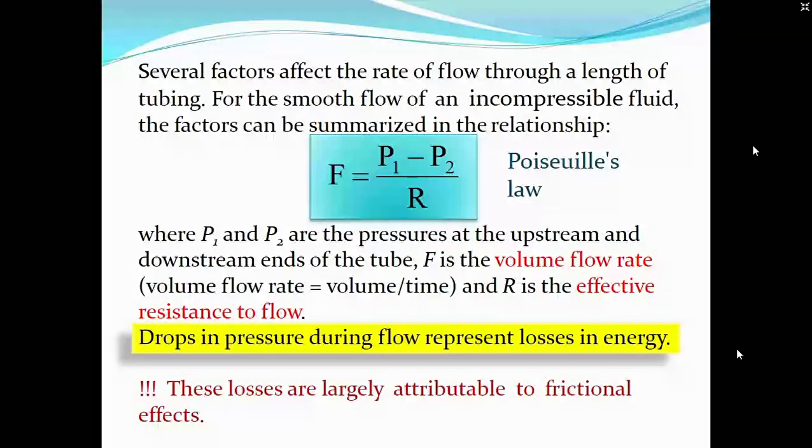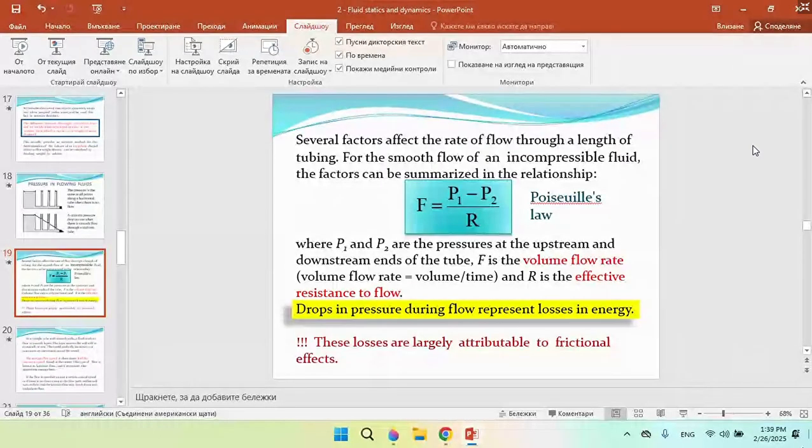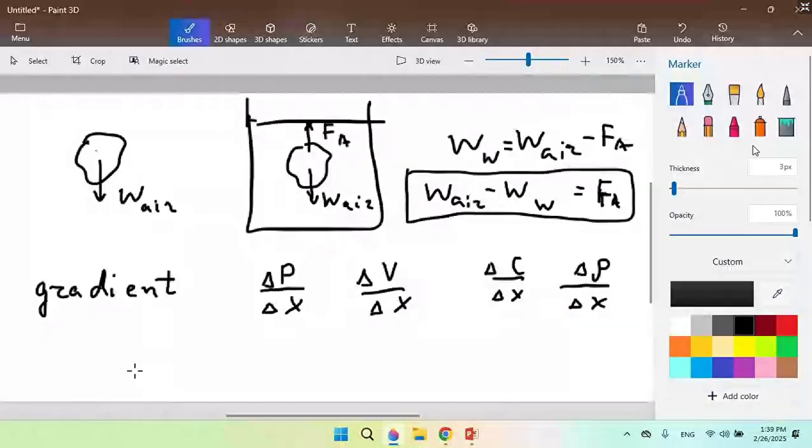This F is volume flow rate, and I'm going to write it this way to distinguish it from force, but it doesn't matter, you may use any F. Volume flow rate is the volume of liquid or fluid which flows through a tube per unit time. Volume per unit time.